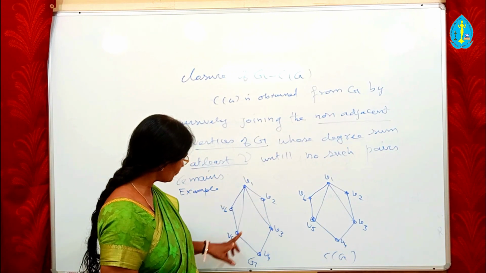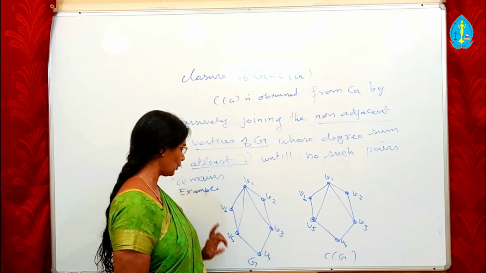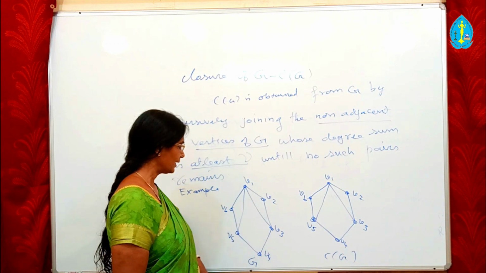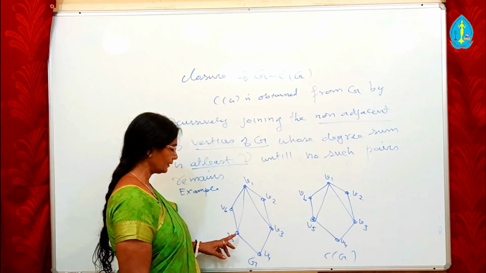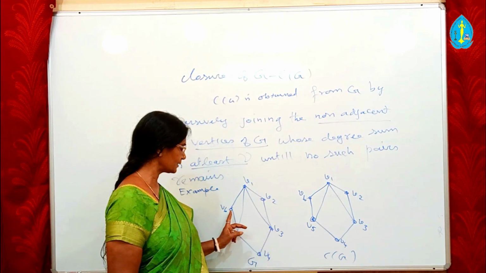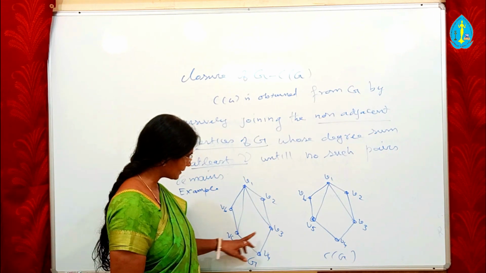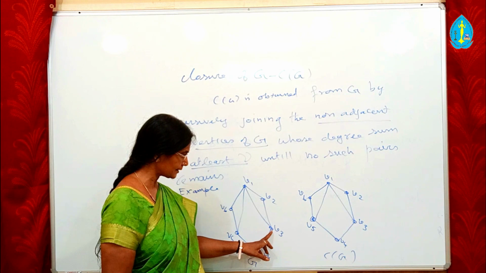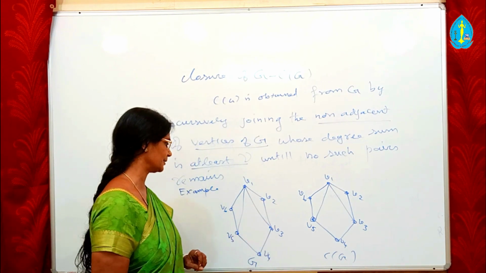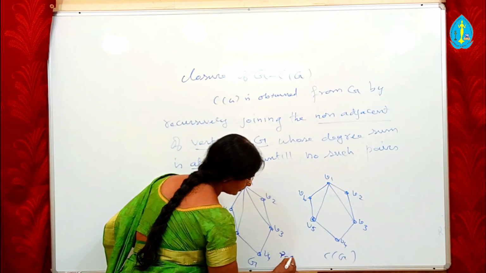V2 and V5 are non-adjacent, but the degree of V2 is 2 and the degree of V5 is 3, so the sum is 5, which is less than 6. So we cannot join V2 and V5. Similarly, we cannot join V6 and V3. Now we consider V3 and V5. These are non-adjacent vertices and their degree sum is equal to 6, where gamma, the number of vertices, is 6.